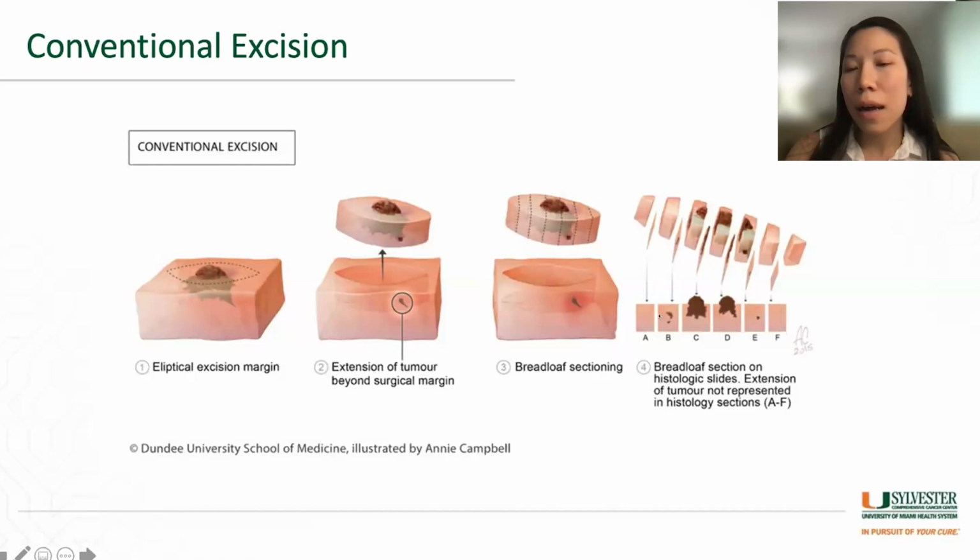So here it's a pretty accurate example of the 6 slides that we would get from that specimen. From these 6 slides, you would say that all the margins are clear. However, we're not able to capture that outside peripheral deep margin. That's seen here, and we're not cutting into that section.